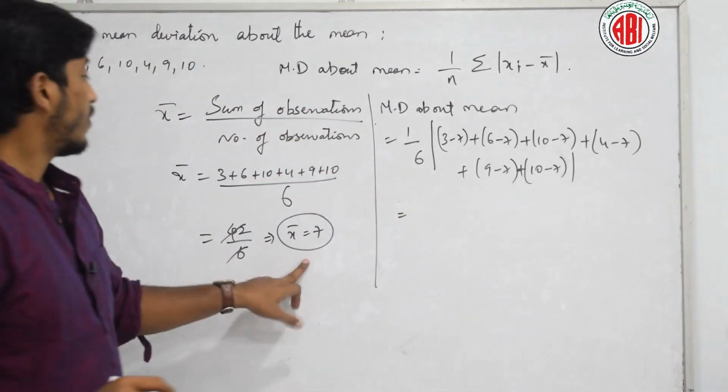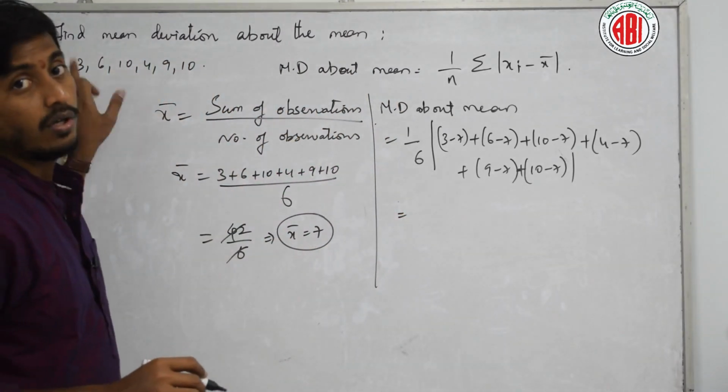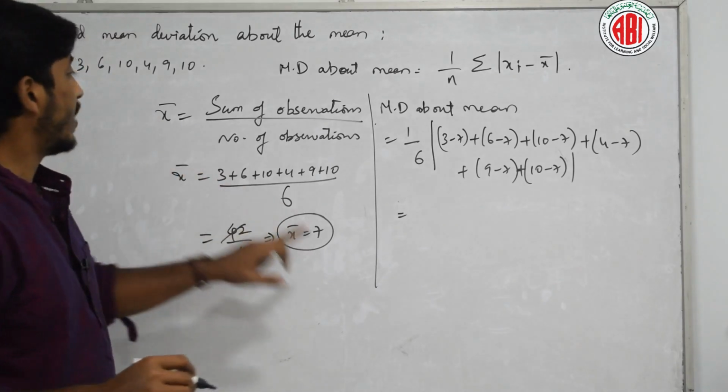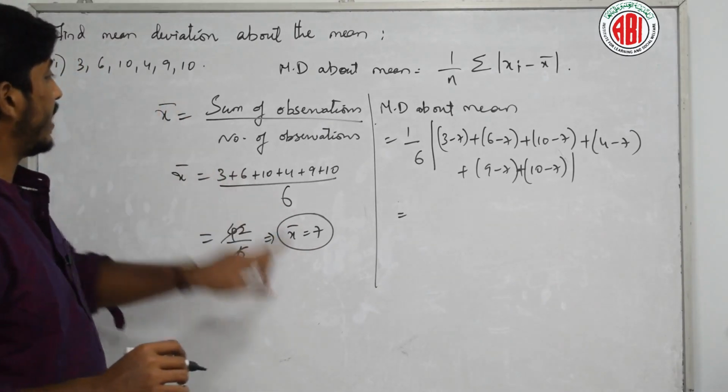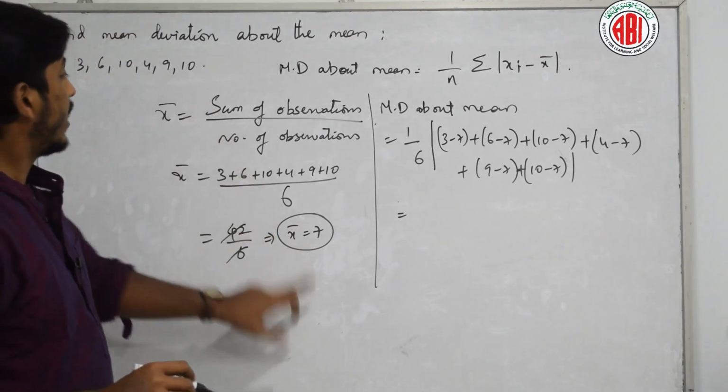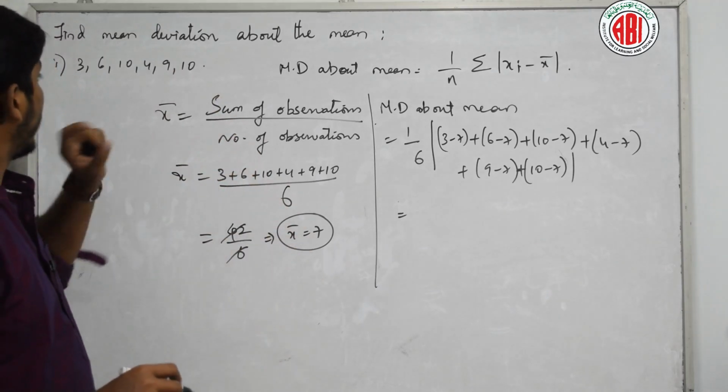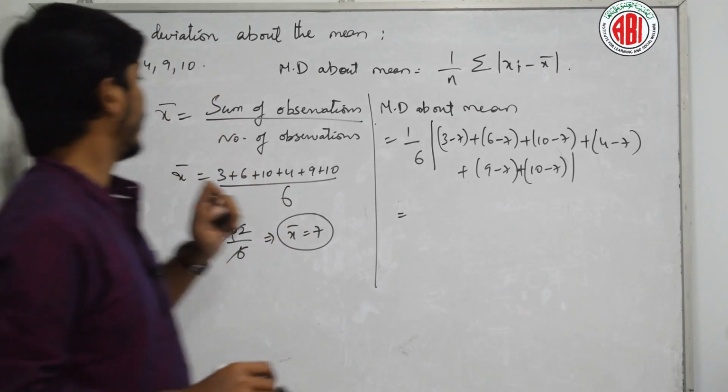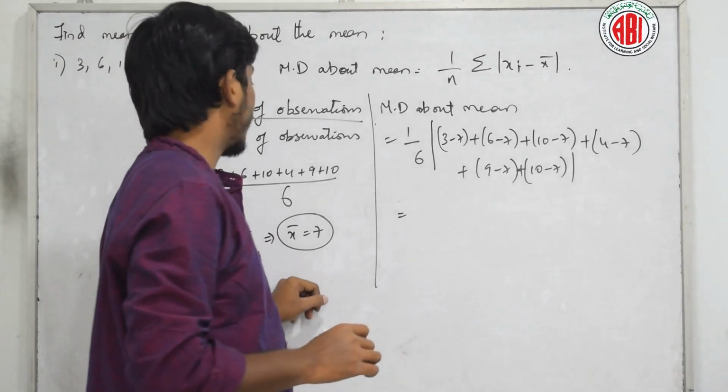Is it right? So we have the deviation with respect to this mean: 3 minus 7, 6 minus 7, 10 minus 7, 4 minus 7, 9 minus 7 and 10 minus 7. Right? We have 2 tens here if you observe. Yes or no?